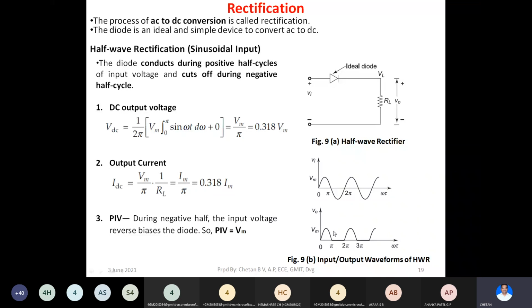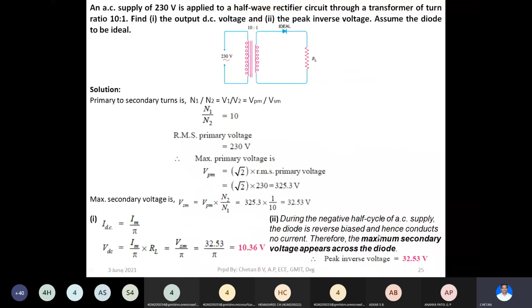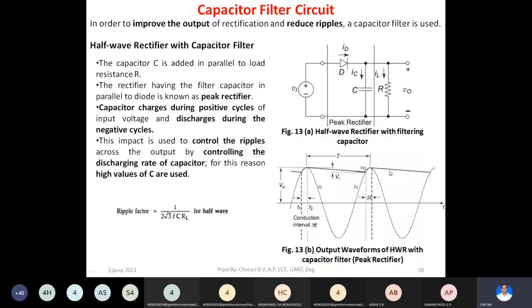This is the half wave rectifier without capacitor filter. You can see the ripples, or the amount of AC content. Compare that with this waveform, and you can see that the amount of ripple is reduced.